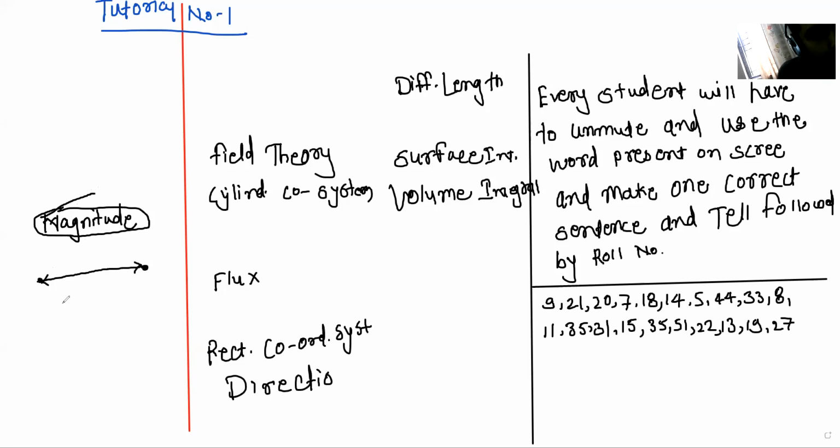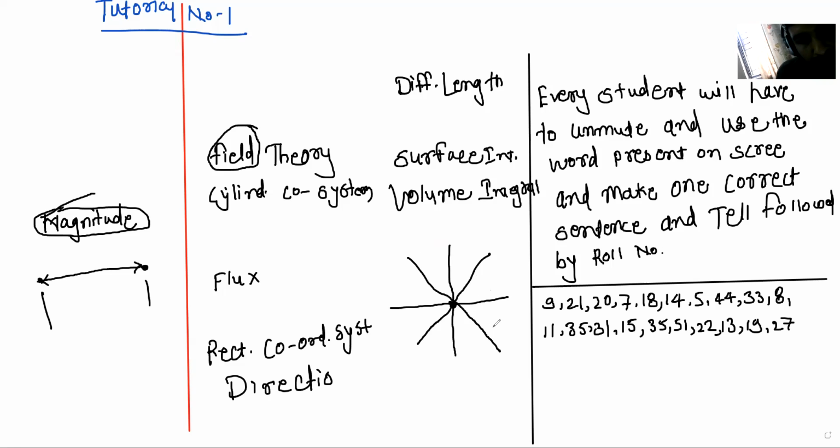Whatever value that you have between those two points is called a magnitude. Then field theory, right? Field, I already told you, is nothing but area under influence. If I'm talking about this point charge, and if I'm having those lines of force like this, then this is nothing but your field. Then we have a theory. Theory is nothing but basic fundamental things.